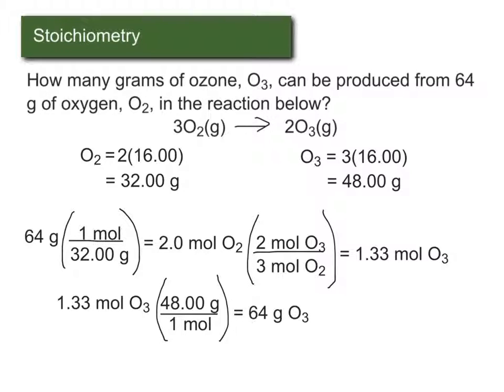Because of the law of conservation of mass, anything that goes into our equation, which would be 64 grams of oxygen, has to come out on the other side. Since 64 grams is all we put in and we only get one product, we know we have to get 64 grams of that product as well. So that is just additional confirmation that we did the problem correctly.